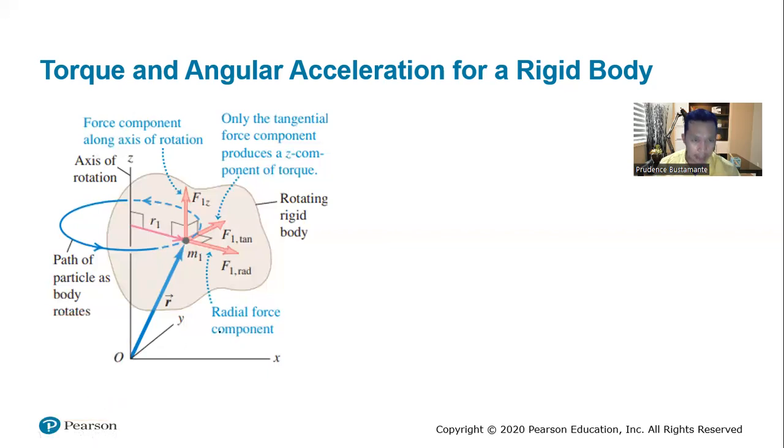If that's the case, then by Newton's second law, F1 tangential is just equal to the mass m1 times the tangential acceleration. From our previous discussion, this tangential acceleration a1 is just equal to r1 times the angular acceleration along z.